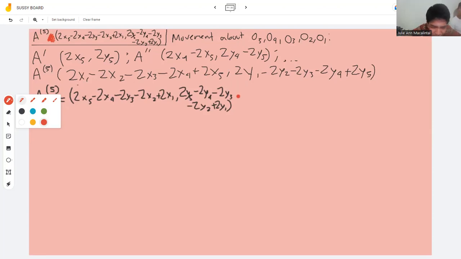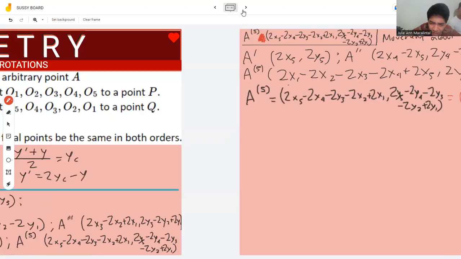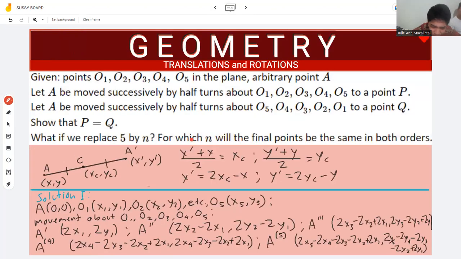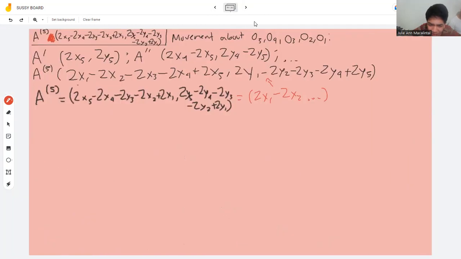So if we express this, it's exactly the same as earlier. So they are the same. It means the coordinates of the eventual endpoint, which is A5, are exactly the same.